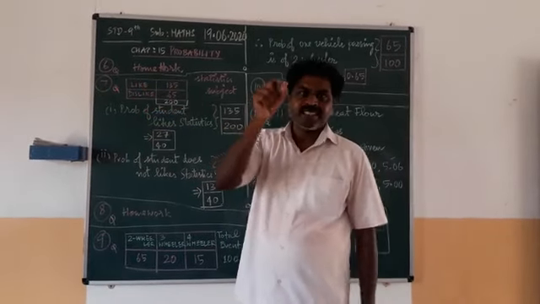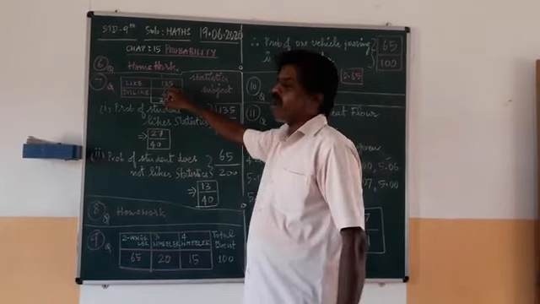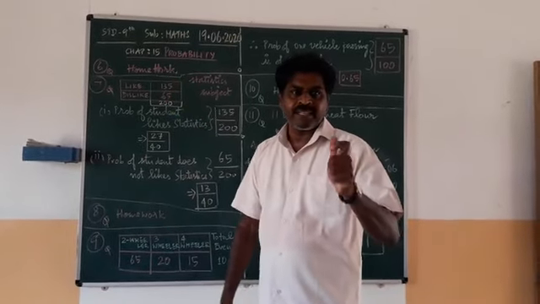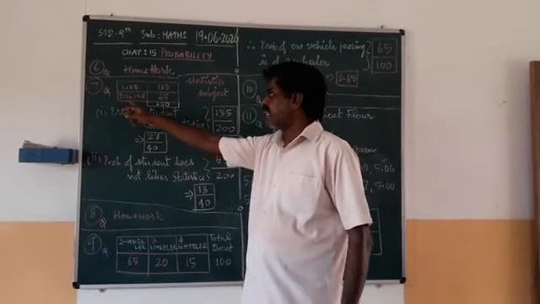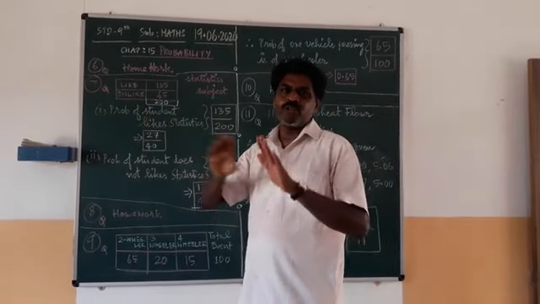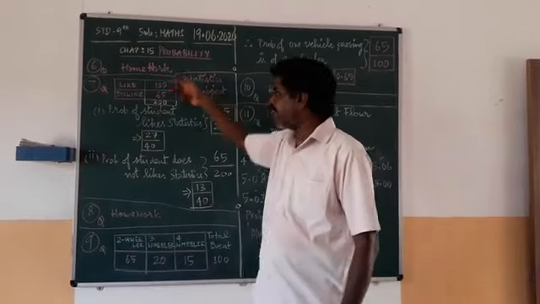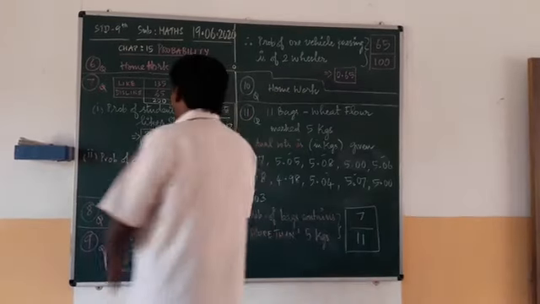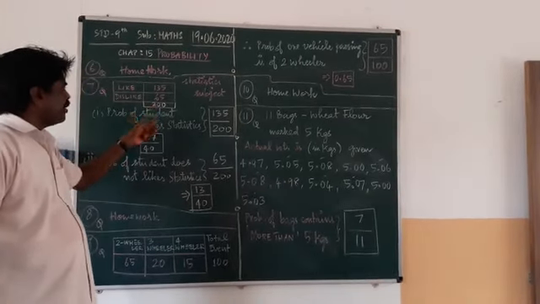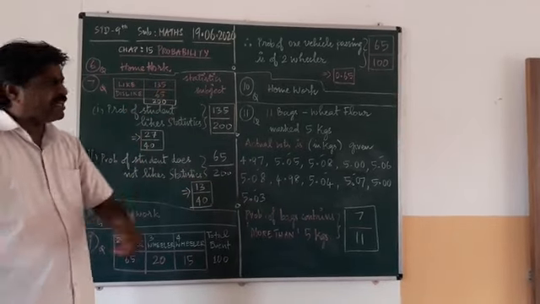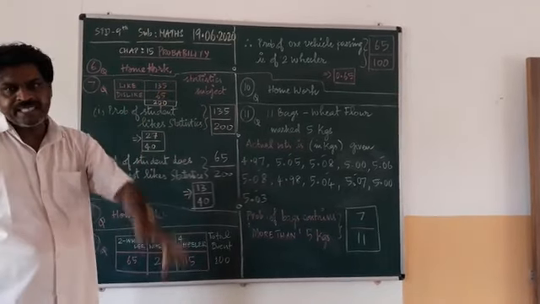Those who like the statistics subject are 135 students. Disliking students, those who don't like that subject at all, are 65. So the total number given is 200. Out of this 200, 135 like the subject, and 65 do not like statistics.